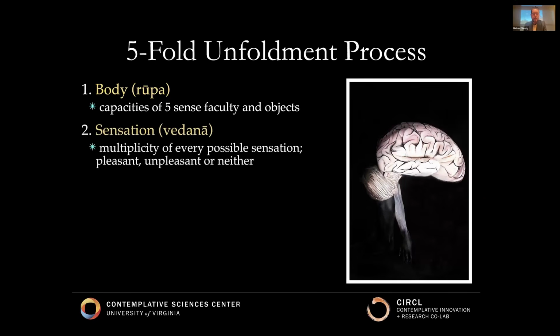Okay. And second is that with senses, there is sensation. That is, with a body, we have not only the capacity of the sense faculty to discern objects, but there's a multiplicity of every possible sensation, right? Sensations can range from pleasant and blissful to unpleasant and painful to utterly neutral, neither pleasant nor unpleasant.